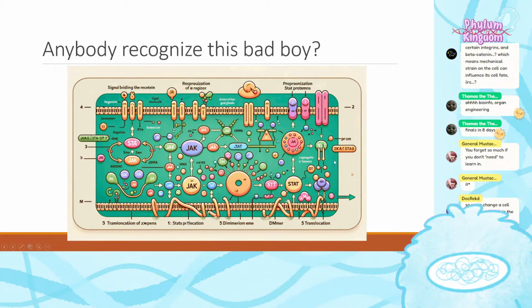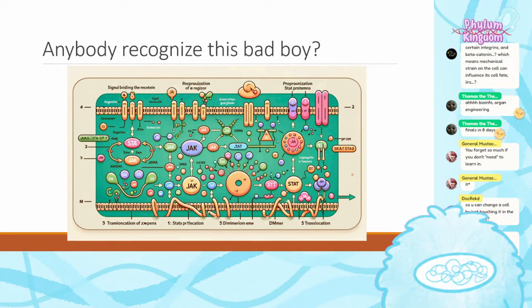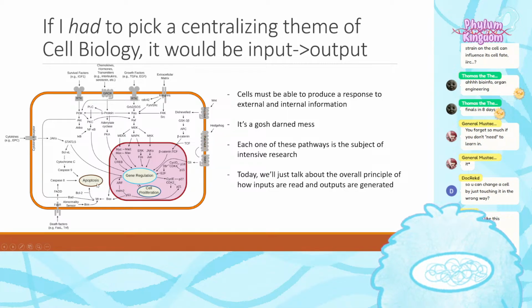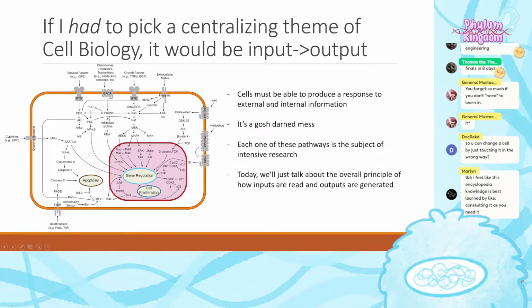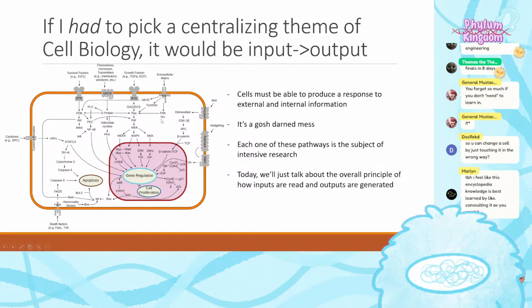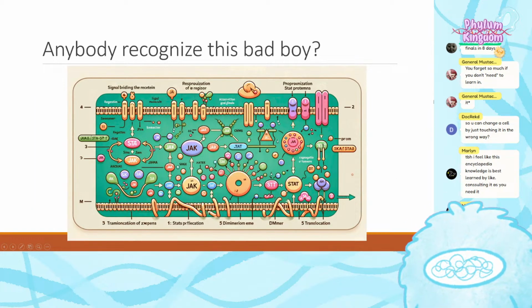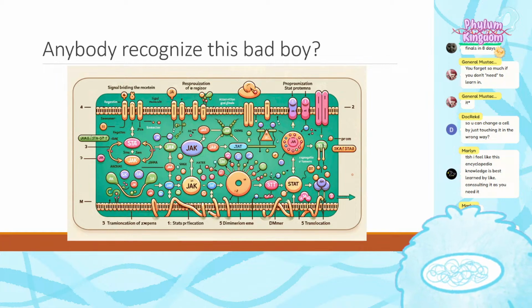Before I get into that, does anyone recognize this bad boy? Here we have a very broad overview of cell signaling pathways, and this is a bit of a meme that has circulated in the biology sphere.